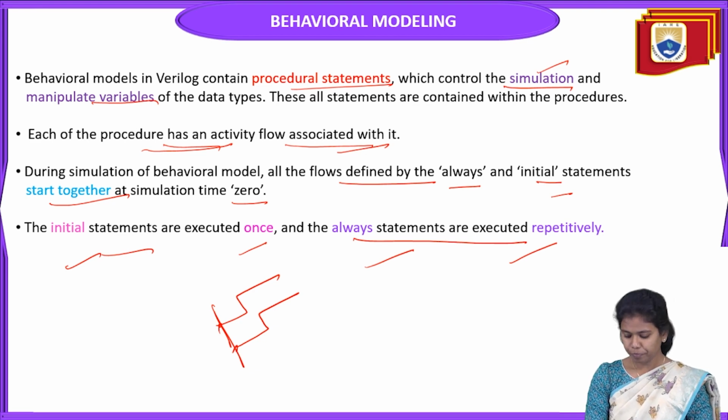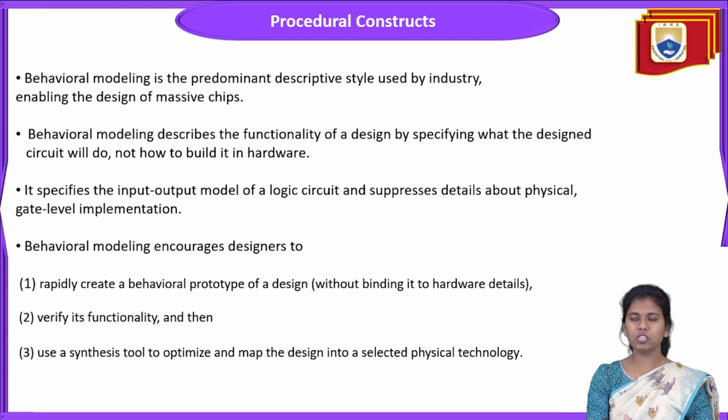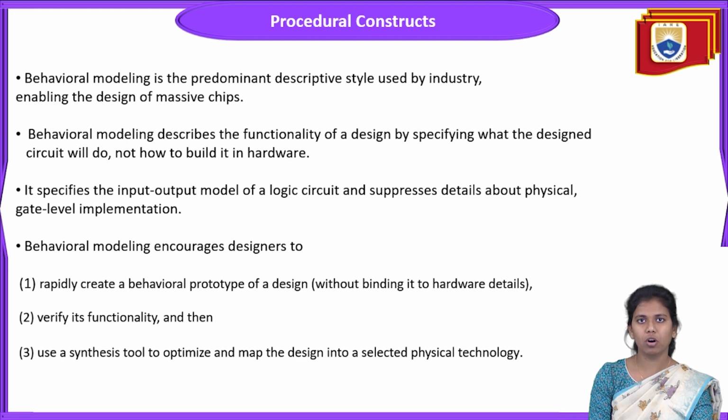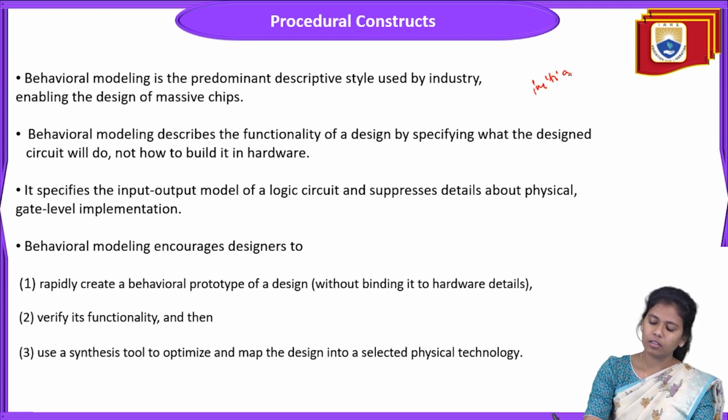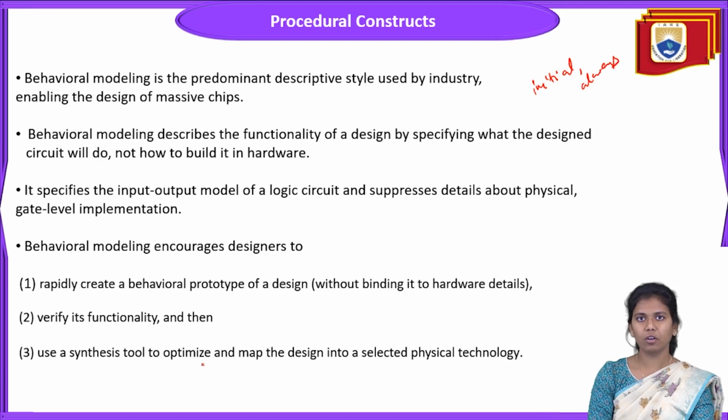And coming to the procedural constructs, this topic is one of the main topics in behavioral modeling. What are these procedural constructs? We will see in detail. We know that procedural constructs are nothing but initial and always. We will see how, where and what these are.